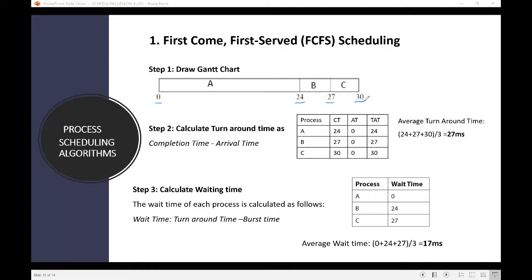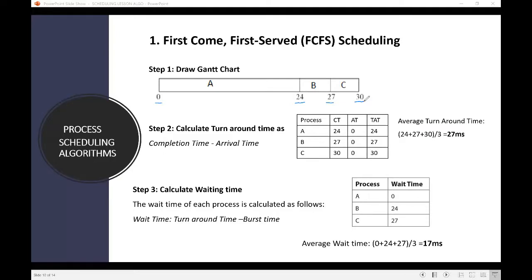Process B will complete at 27. If we subtract 0, which is the arrival time, we'll find that TAT for B is 27. Then process C will complete at 30 milliseconds. If we subtract 0, we'll find that TAT is 30.